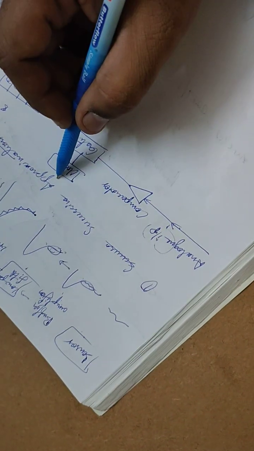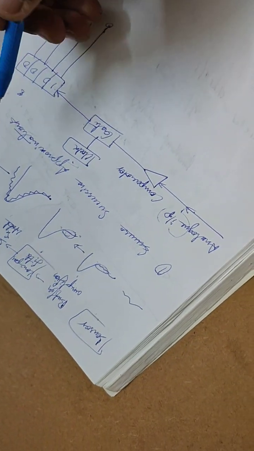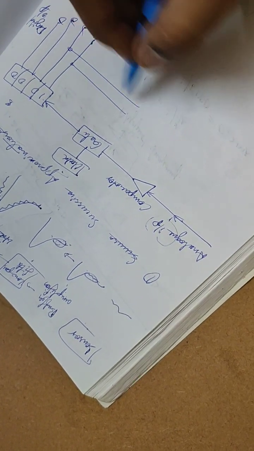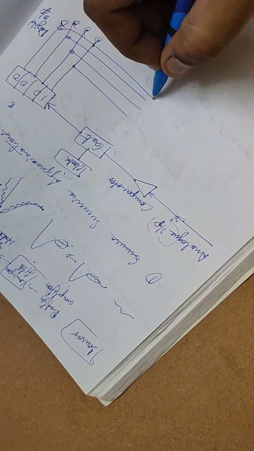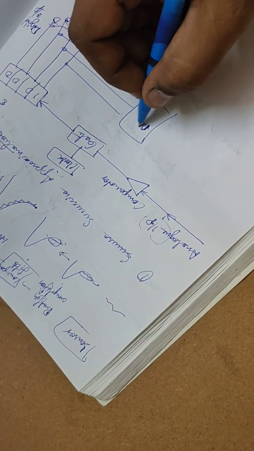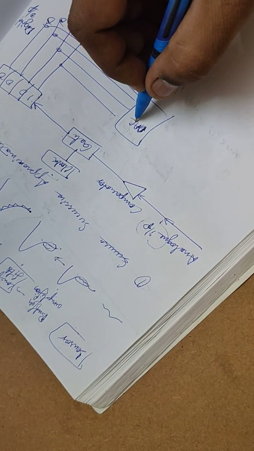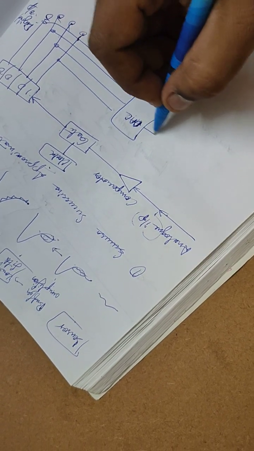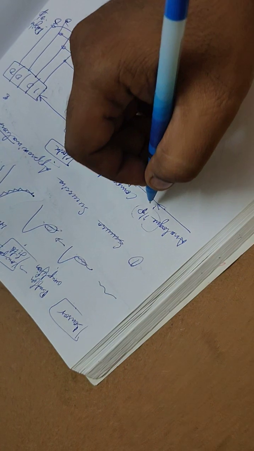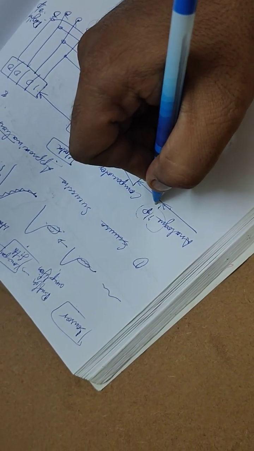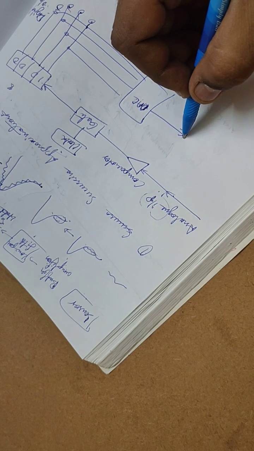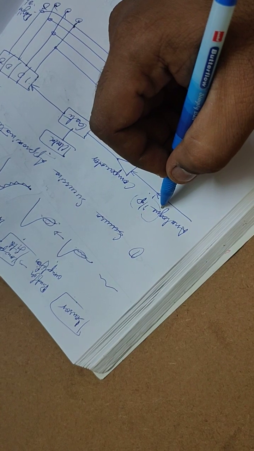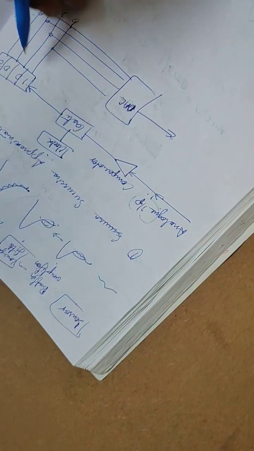Then why we call it approximation? Again we give this to a DAC, that is a digital to analog converter. These digital signals are given to digital to analog converter, and the analog output is compared with the initial analog input. So when we compare this analog signal that we get from the digital to analog converter to the original analog input, we can see if it matches, the signal is right.